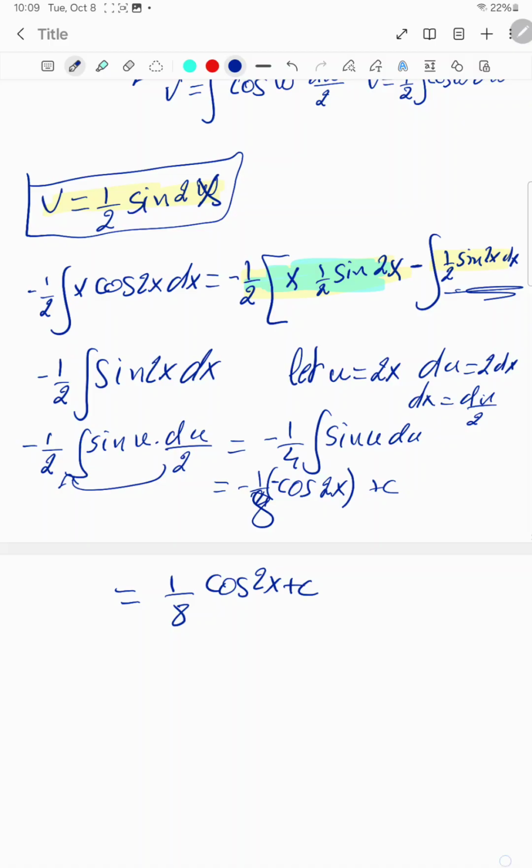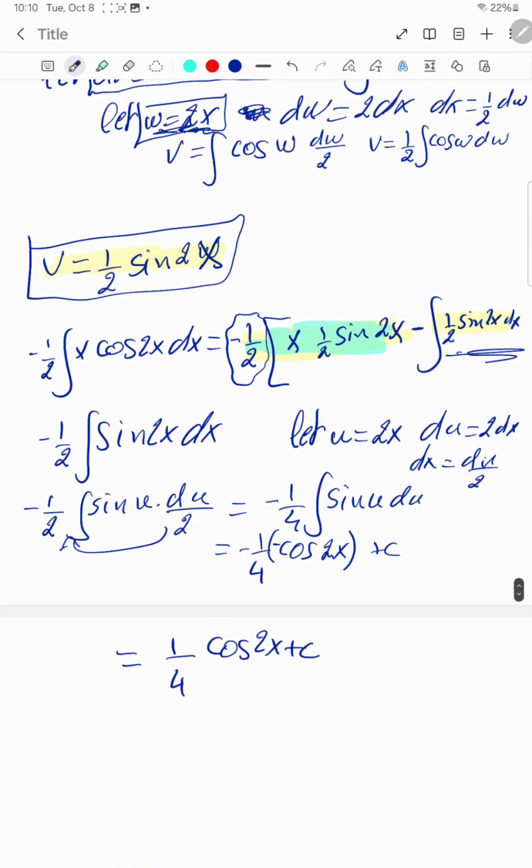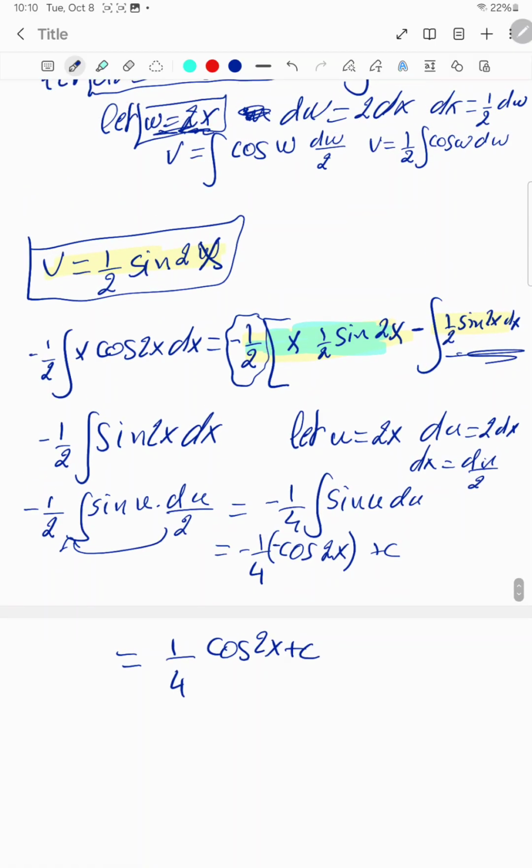This is 1/8 here, because when we said du divided by 2, no, it's not a mistake. I know where I went wrong. Let's delete this. This is 1/4. I have the minus 1/2 that I have to multiply everything with. So this is over 4 here. Okay, so let's go back. Here I have to close it, because 1/2 is multiplied by all that.